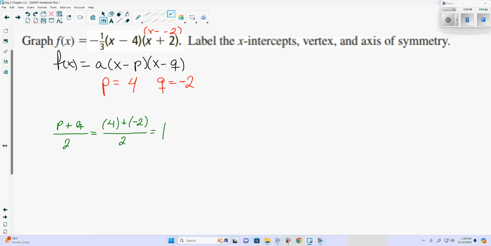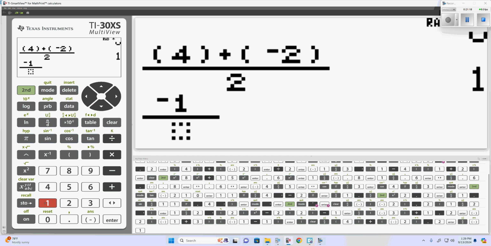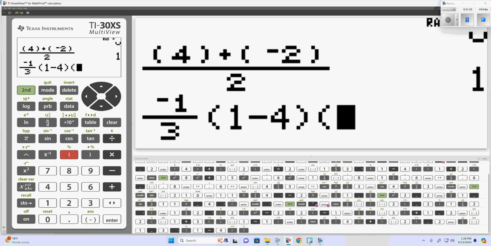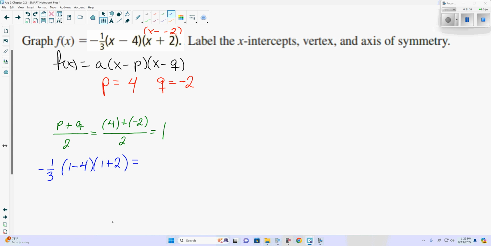And our f of p plus q over 2 is just taking this value of 1 and plugging it back into the function. So we'd have negative 1/3 times 1 minus 4 times 1 plus 2. Again, we can plug it in, which gives us 3.